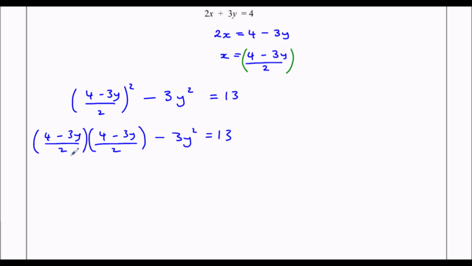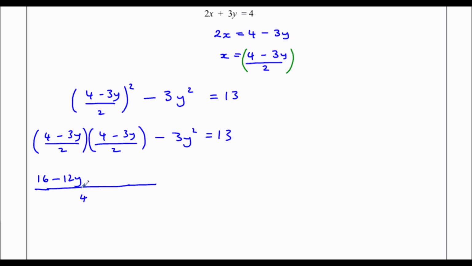When I multiply fractions, I times the top and times the bottom. So the bottom of this fraction is going to be 2 times 2, which is 4. And the top is like expanding brackets. So 4 times 4 is 16. 4 times negative 3y will be negative 12y.